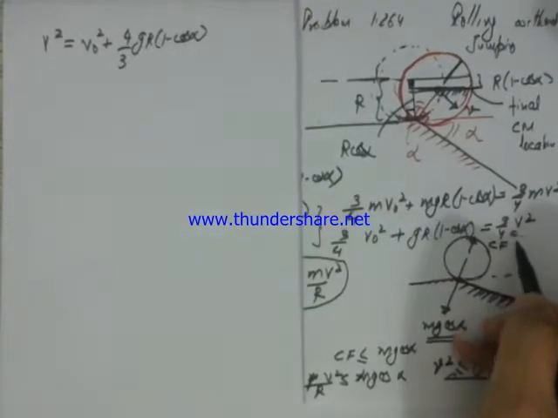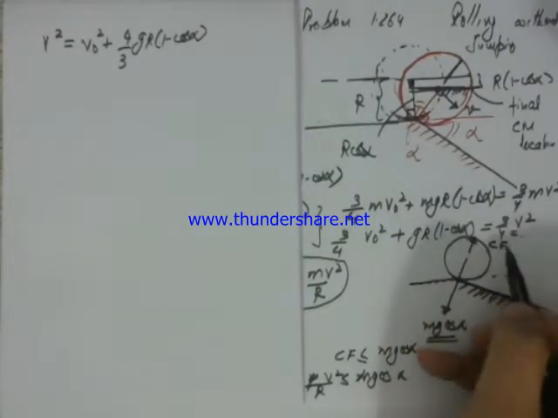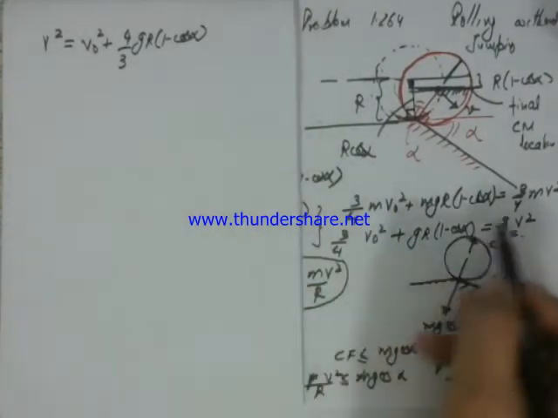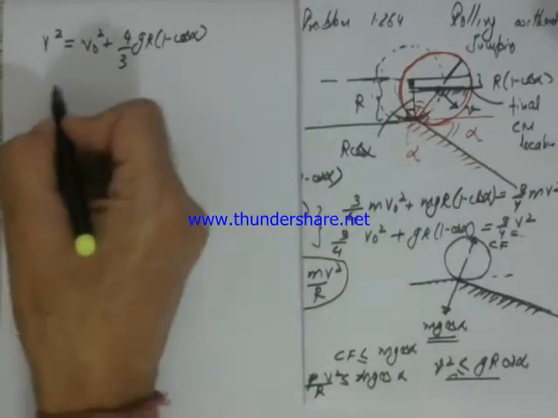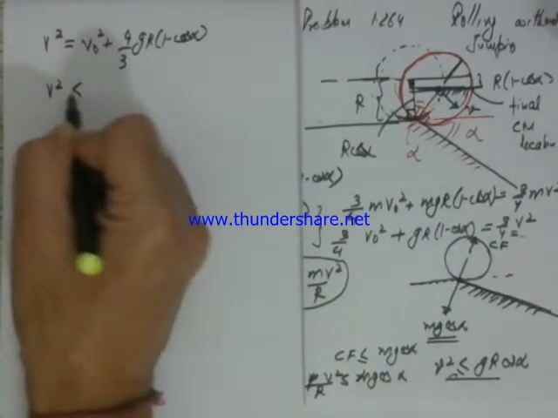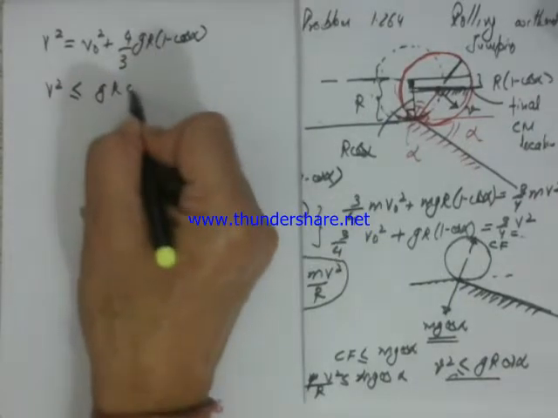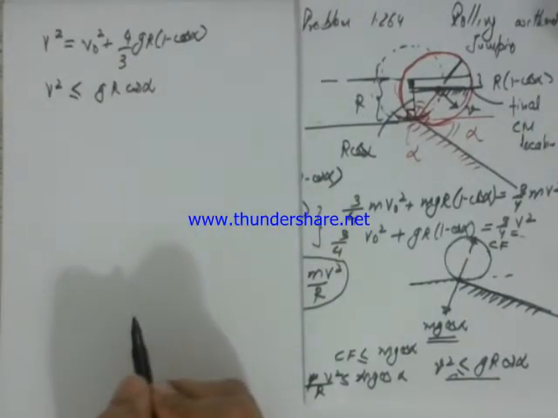I have just multiplied by 4 upon 3. And v square should be less than or equal to gr cos alpha for rolling over without jumping.